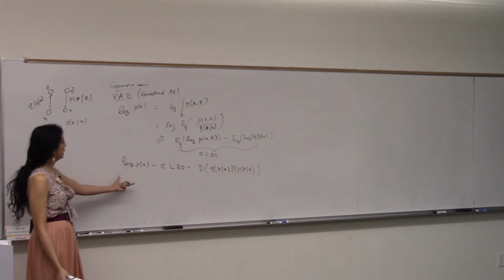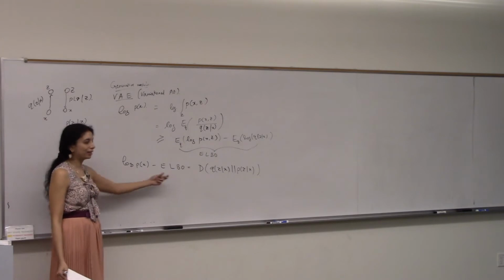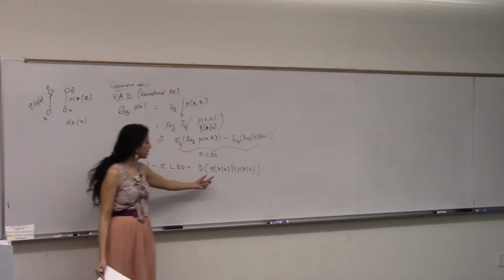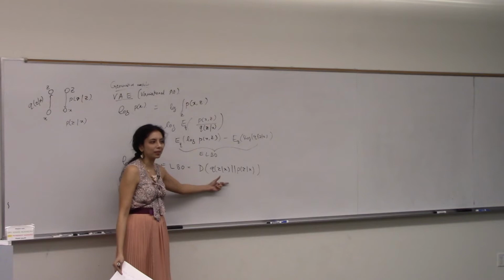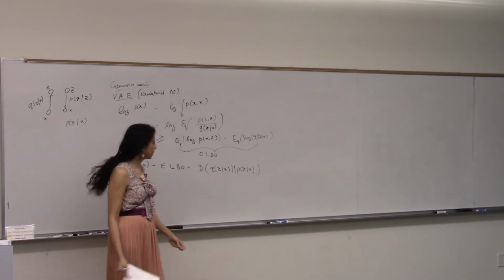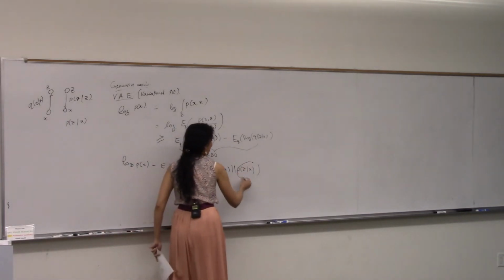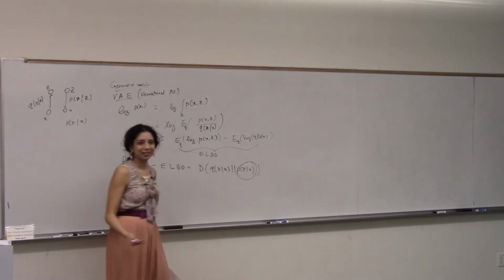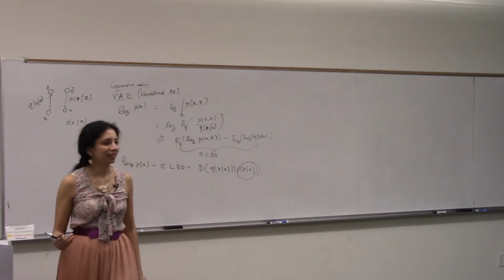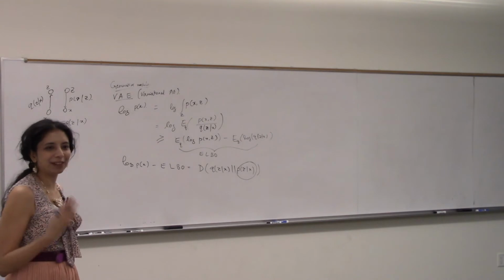The difference between the likelihood and this lower bound is this Kullback-Leibler distance between the posteriors. So the problem is I want to avoid computing this. I don't know how to compute this, so I don't want to deal with it. Conveniently, now I've gotten rid of that.